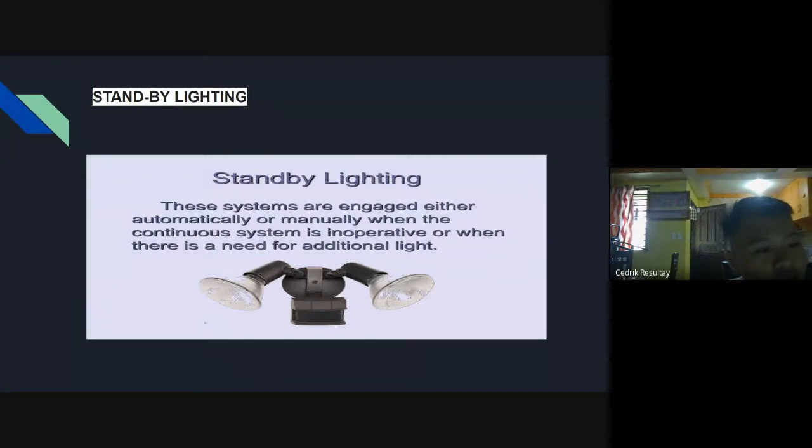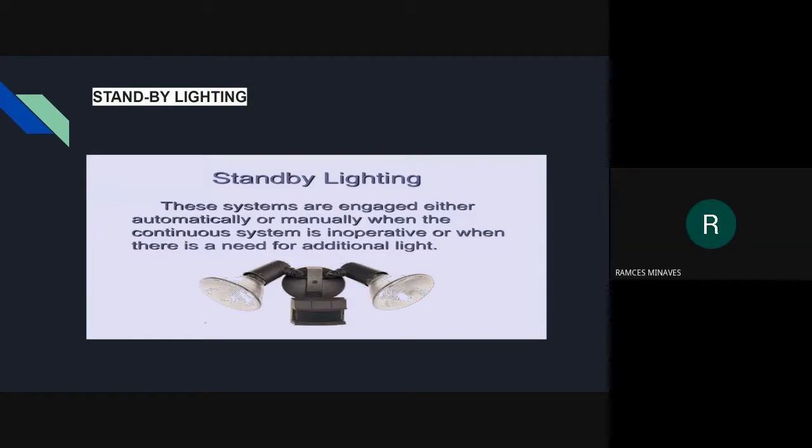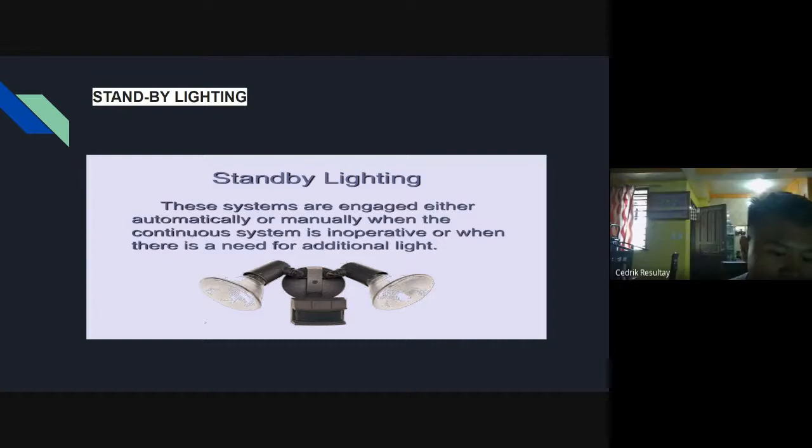Ito ay pang reserbang ginagamit, para yung sistema ay madagdagan ang ilaw at tuloy-tuloy ang sistema ng ilaw. Ang standby lighting ay nakakatulong sa pagsuporta kapag mayroong nasirang ilaw.